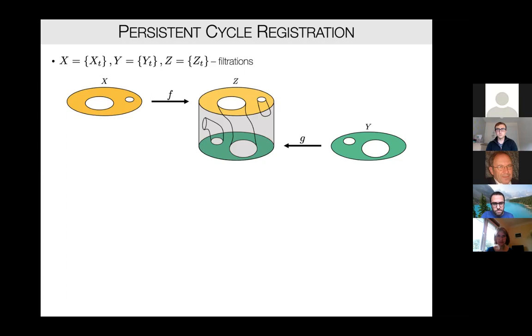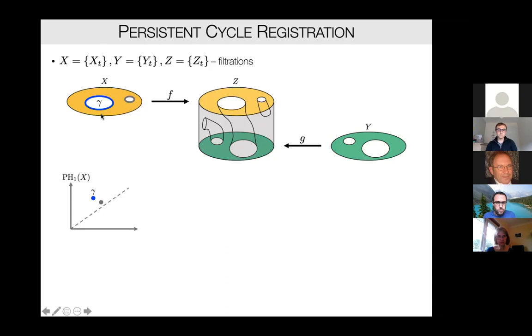Maybe you're looking at the distance function from this space, or this is just the best way we can think of visualizing this. So we have a filtration on the left, a filtration on the right, and again a filtration in common. That would be Z. And F here is also a sequence of functions inside the filtration.